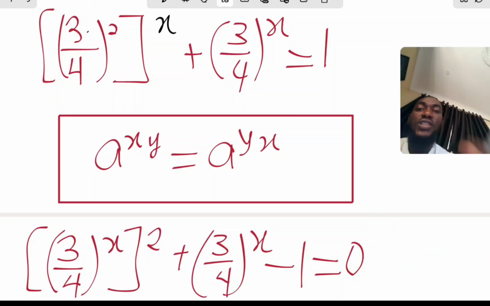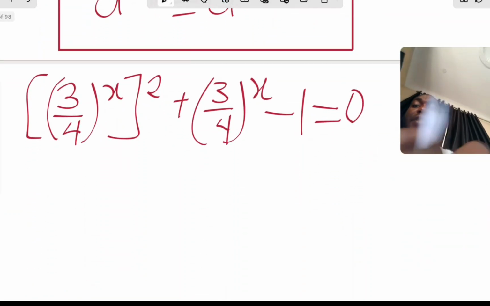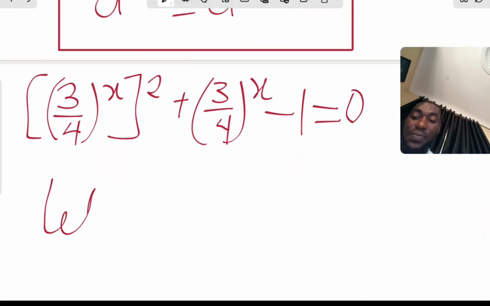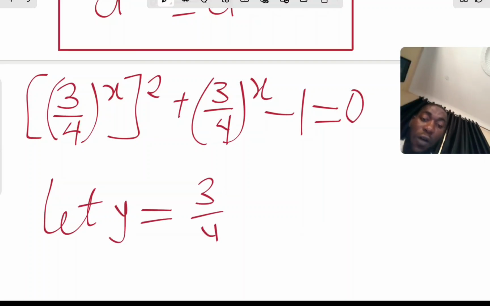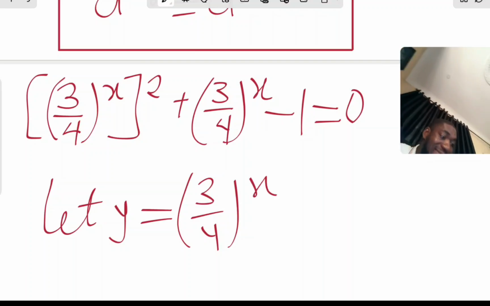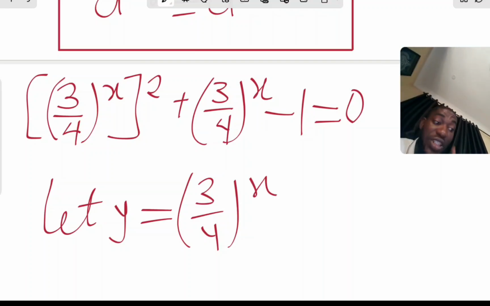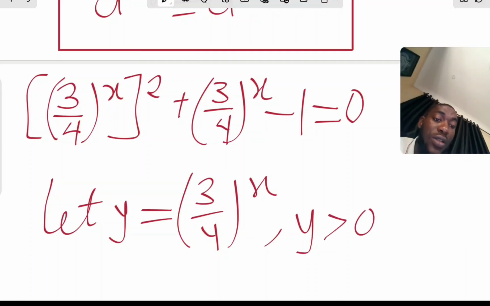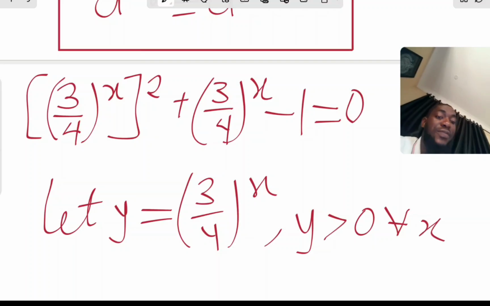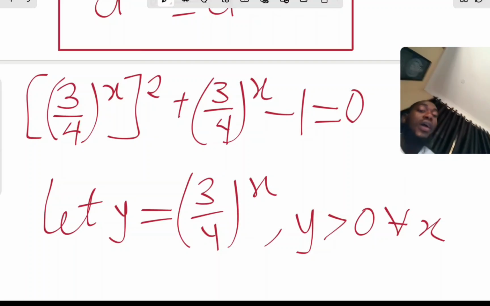So let's continue. Again, let y equal 3 over 4 all to the power of x. And you should note that this y is greater than what? Greater than 0 for all real values of x.